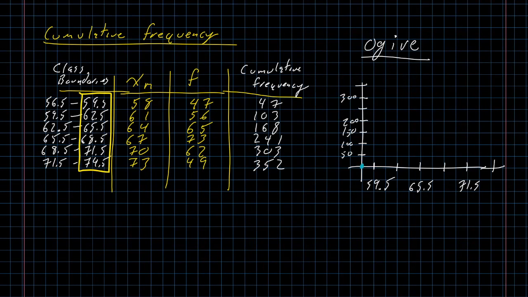And one of the interesting things is we actually have to start at 0. And so the ogive gives us the data presented in this format. So we can see how far we have to go to get to a certain percentage.